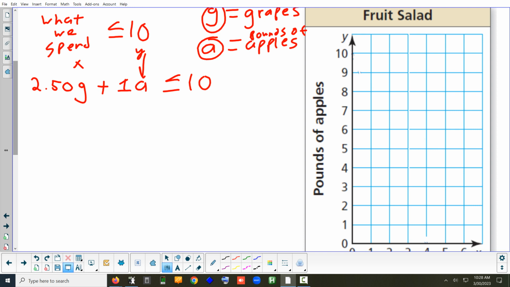So there's only one thing I need to do to get A by itself. Anybody tell me the one thing? Yeah, subtract 2.50g. So we're going to get A is less than or equal to, and you said subtract the 2.50g.